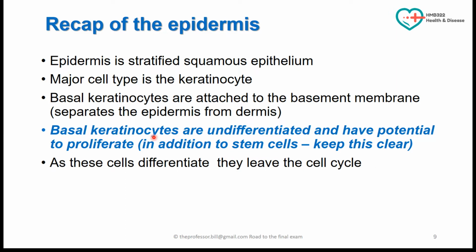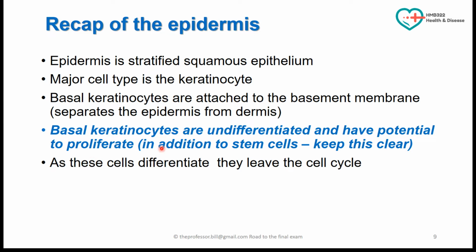And just as a frame of reference for you, I mentioned that this was important. We have a number of stem cells that exist in the skin, and these basal keratinocytes, the ones at the very, very bottom of the epidermal layer, in close contact with the basement membrane, also known as the basal lamina, are not fully differentiated.